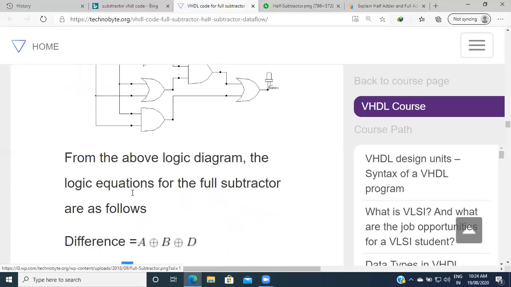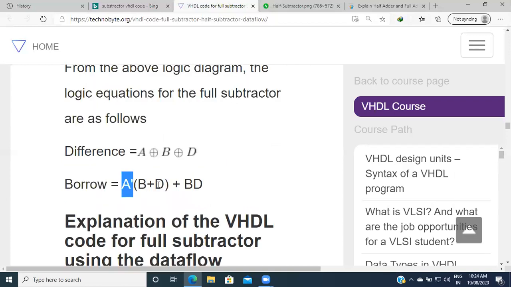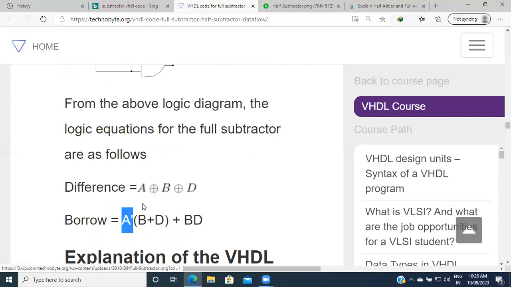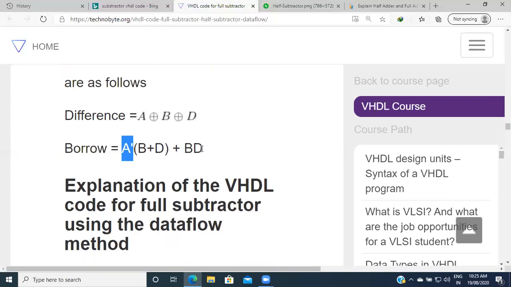So A naught into bracket B plus D, plus, the output is added with B dot D. The total output is added with B dot D. From that we are generating the borrow output.